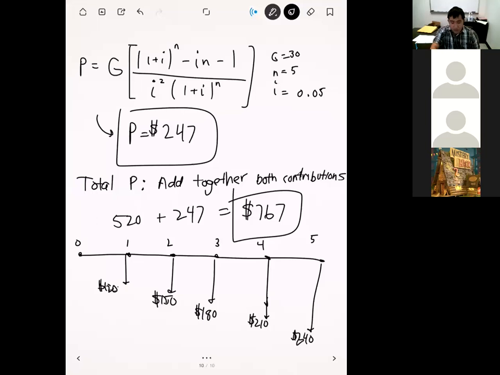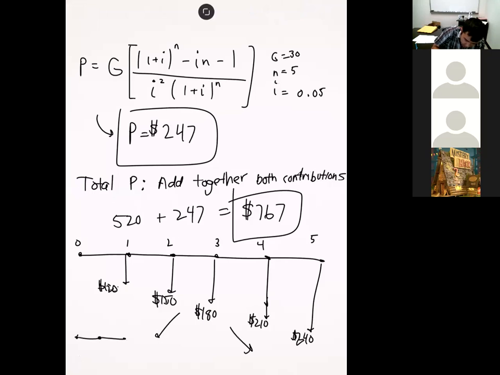And so what I did was I said that this situation we can split into two different cash flow diagrams that we can consider separately. I split this into one cash flow diagram that looks like a uniform series, where this uniform series amount was 120.